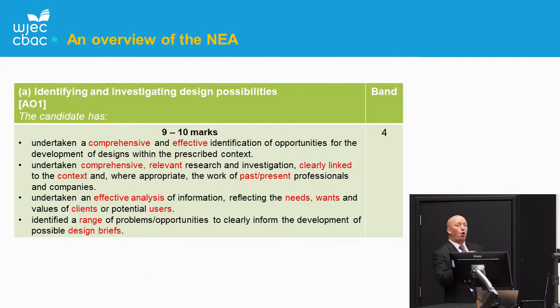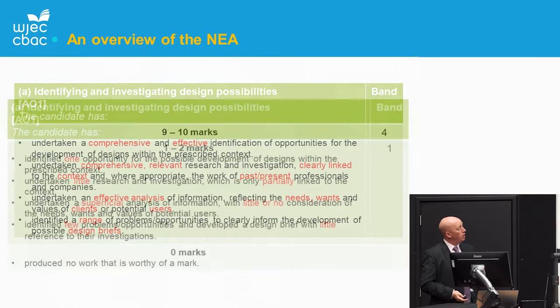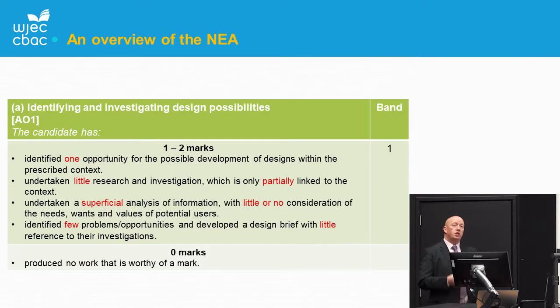Okay, so there's that broadness that we talked about at the start, evident in the 9 to 10 mark range. If they don't have that broad range and it's very narrow and it's not very focused, they can only get 1 to 2. So if they don't consider the user's needs and wants and it's all superficial and not very focused, there's no way they can get out of that lower band, which is a 1 to 2 mark. Okay.